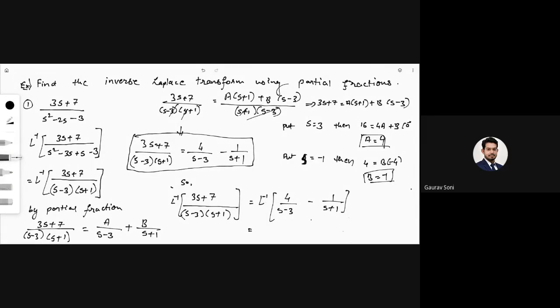Laplace inverse will separate over subtraction. 4 will come outside. Laplace inverse of 1 upon (s minus 3) is e to the power 3t, minus Laplace inverse of 1 upon (s plus 1), which is equal to e to the power minus t.